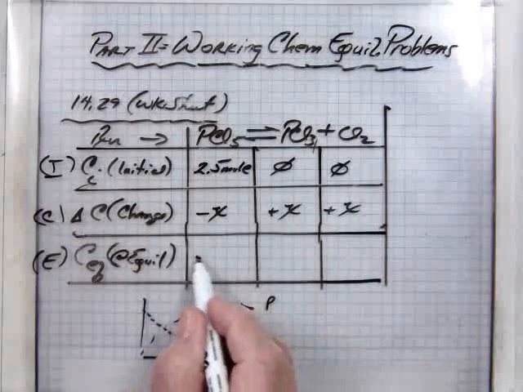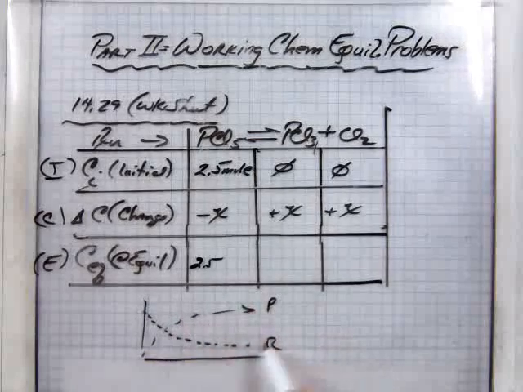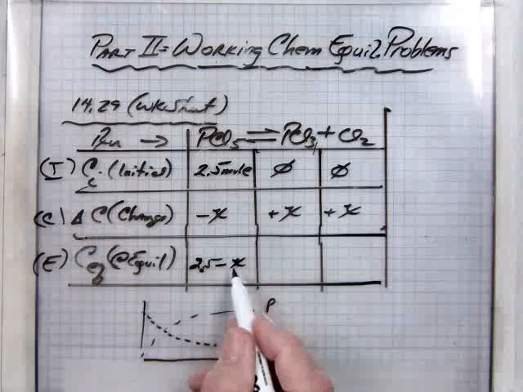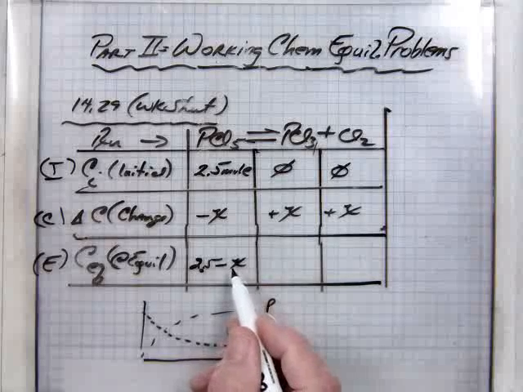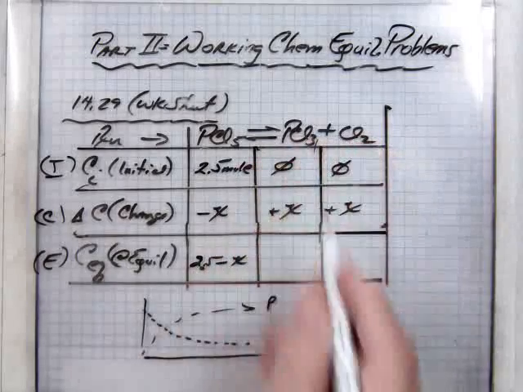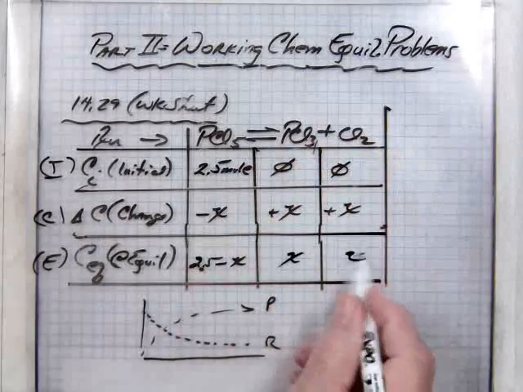So this would be 2.5, and it goes down in concentration, so you subtract an X, whatever is converted to product. And on this side it's 1-to-1, so it would go up by X and X.